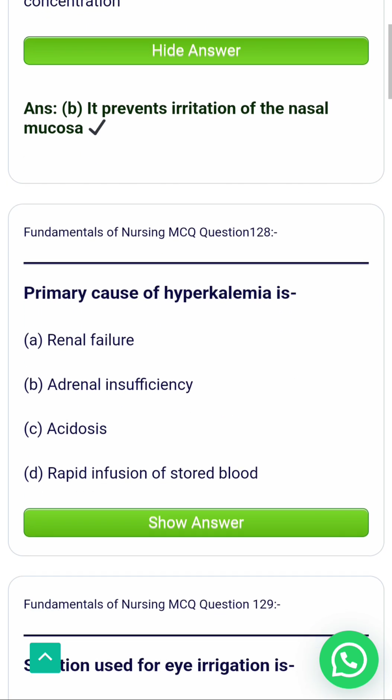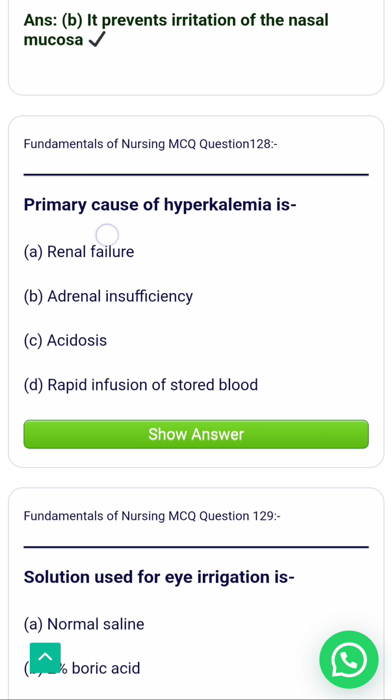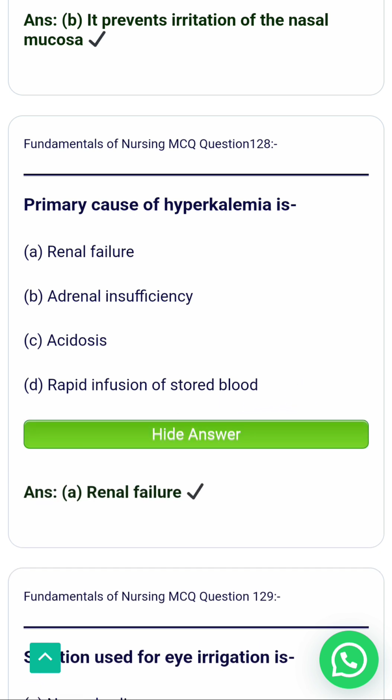And next question, that is, the primary cause of hyperkalemia is A, renal failure; B, adrenal insufficiency; C, acidosis; D, rapid infusion of stored blood. The correct answer is option A. The primary cause of hyperkalemia is renal failure.